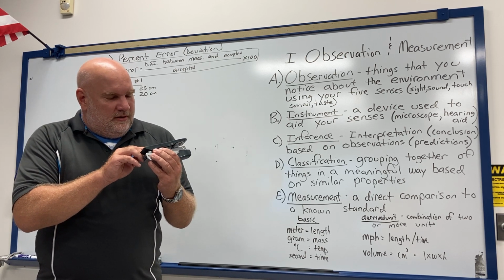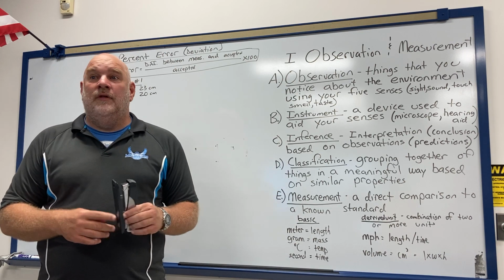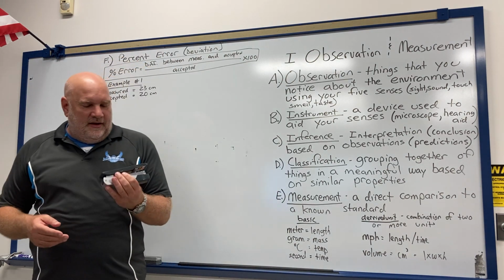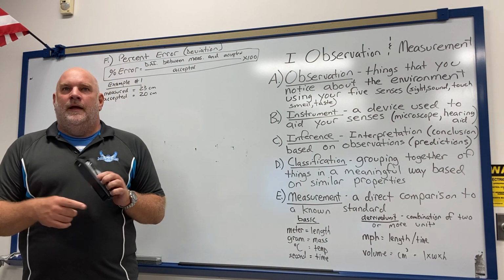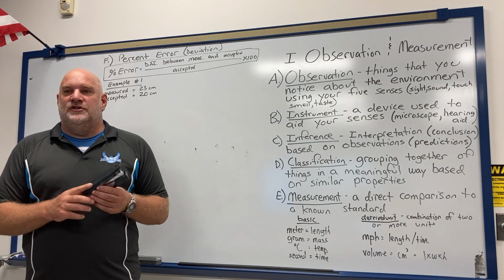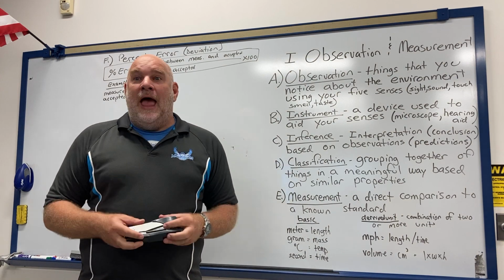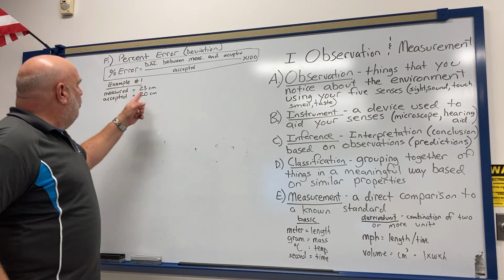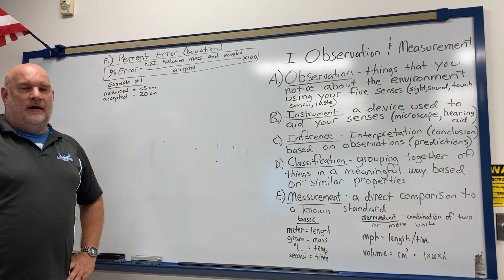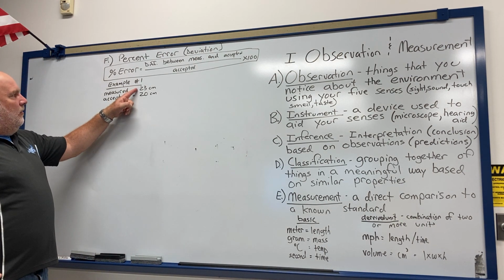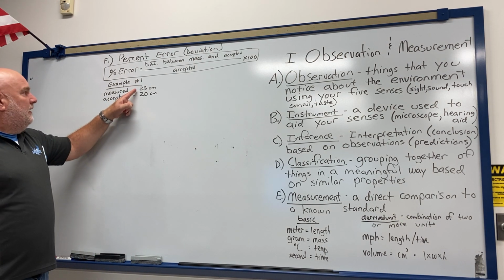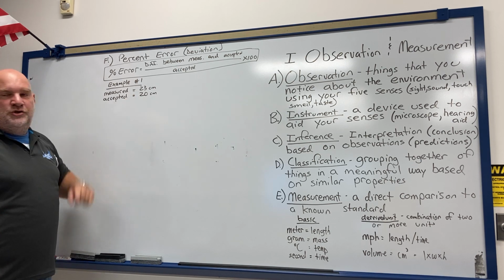It's item number 82415. So I emailed the company and said, I have this stapler here, and I want to know the exact dimensions of the stapler. They look on the blueprints, and they tell me the stapler actually is 20 centimeters long. All right? So I measured it to be 23 when the accepted value is 20.